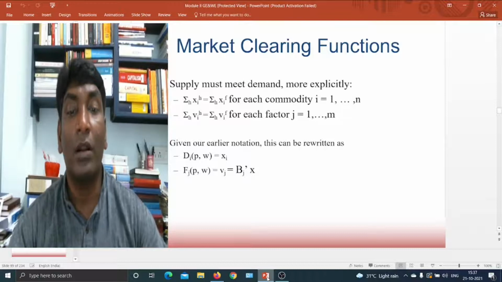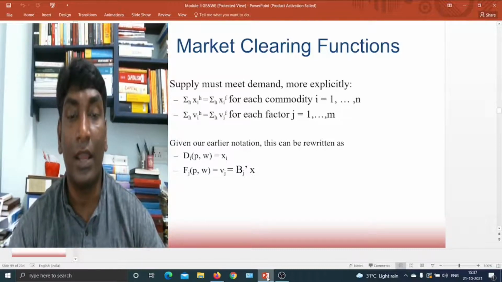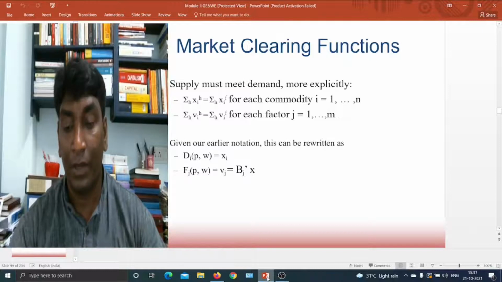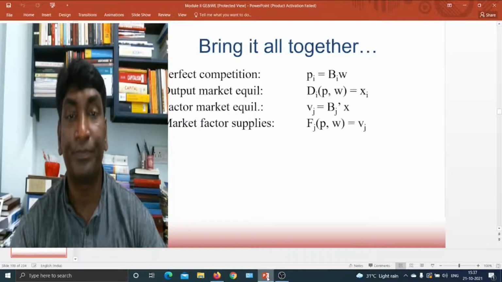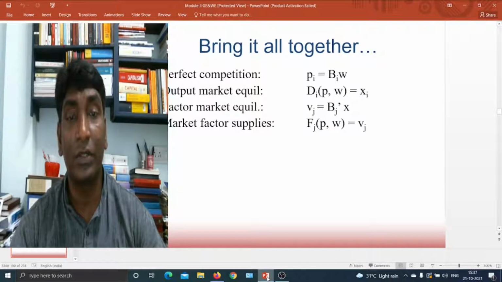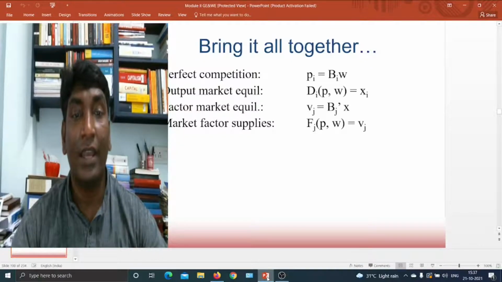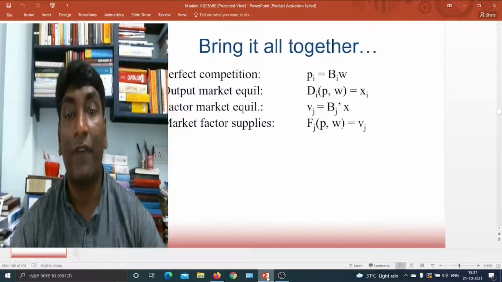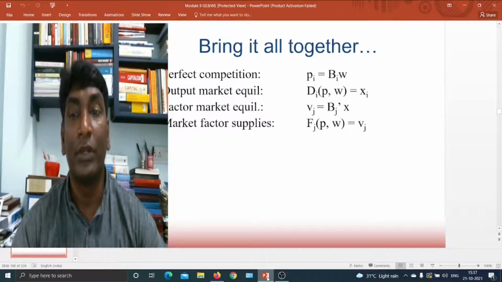Given our earlier notation, this can be rewritten as di(pw) which is equal to xi, and fj(pw) which is equal to vj, which is nothing but bj dash x. Okay, now if you remember all the previous equations of perfect competition, pi is equal to piw, and output market equilibrium is di(pw) which is equal to xi, and factor market equilibrium is vj equal to bj dash x, and the market factor supply is fj(pw) which is equal to vj.